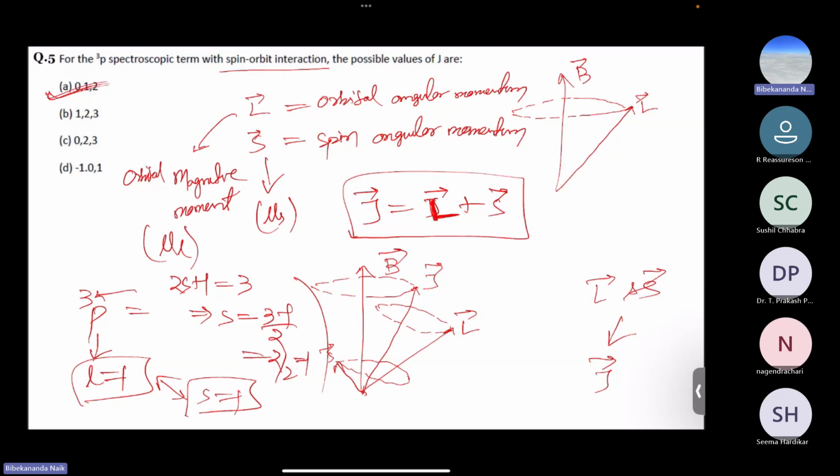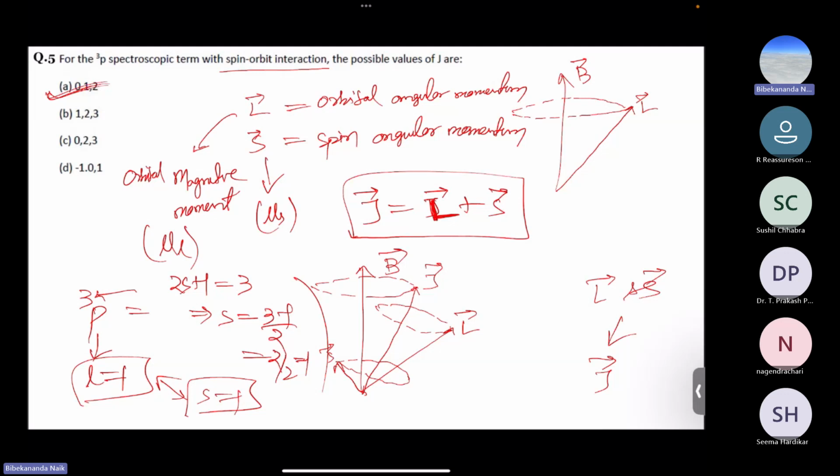So this is nothing but the vector model of the atom, that is, all the quantities are represented as vectors. Due to the orbital motion of the electron, there is orbital angular momentum, and due to this orbital angular momentum, there is an orbital magnetic dipole moment, which is mu L. Similarly, due to spin motion, there is spin angular momentum, and then there is a spin magnetic dipole moment. When these two interact with each other and the magnetic field is weak, they don't interact individually with the magnetic field.